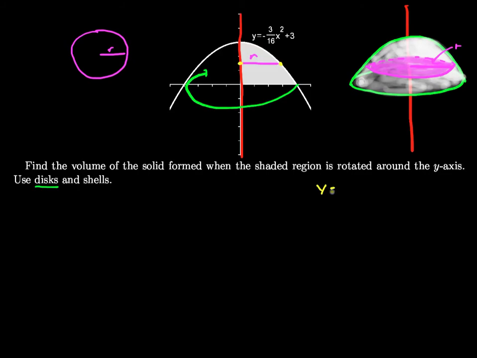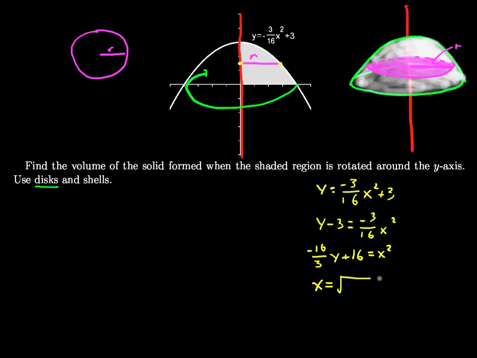So y equals negative 3 over 16 x squared plus 3. Subtract 3 from both sides: y minus 3 equals negative 3/16 x squared. Multiply by negative 16/3: negative 16/3 y plus 16 equals x squared, and that means x equals the square root of 16 minus 16/3 y.